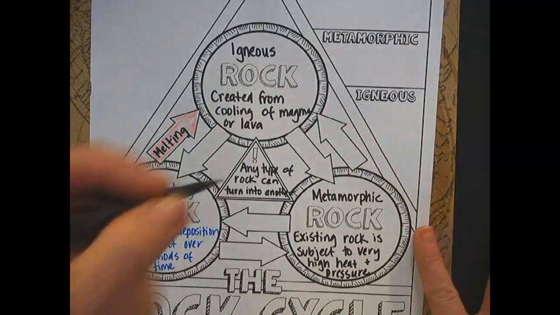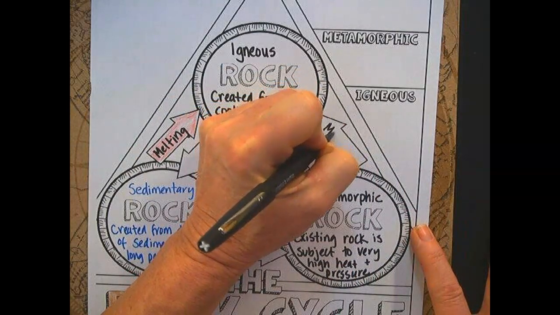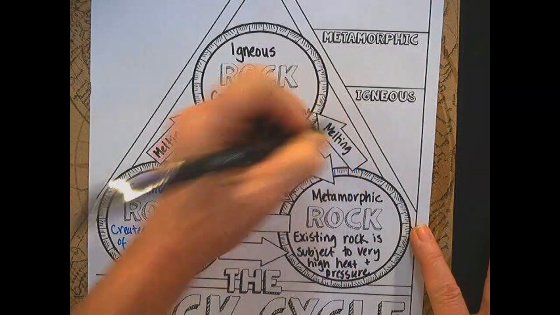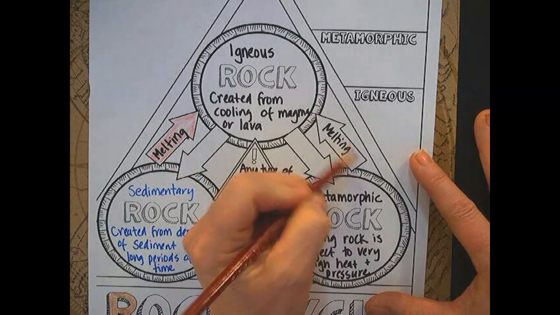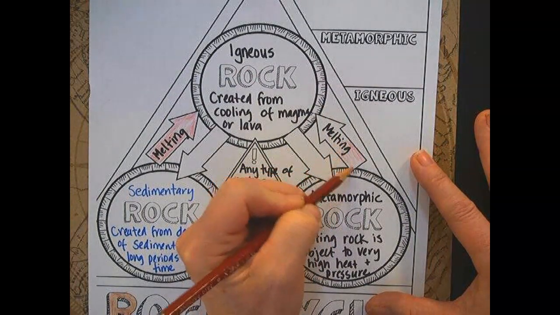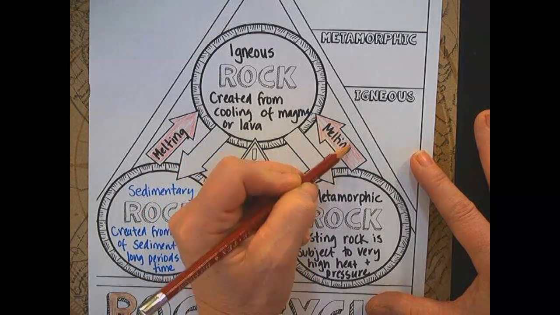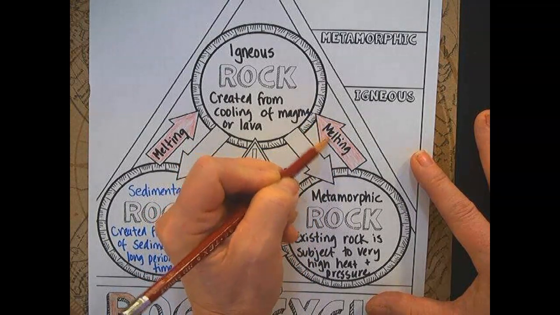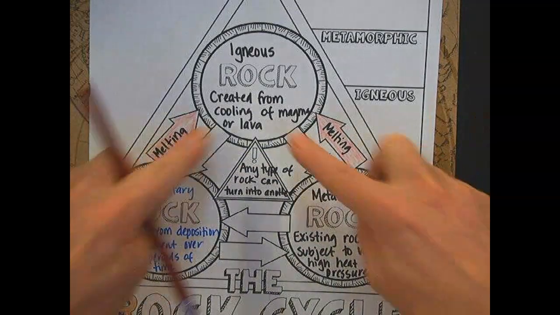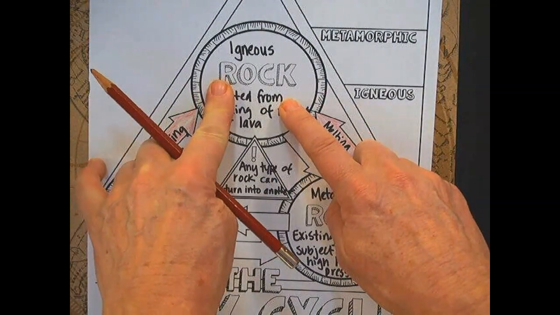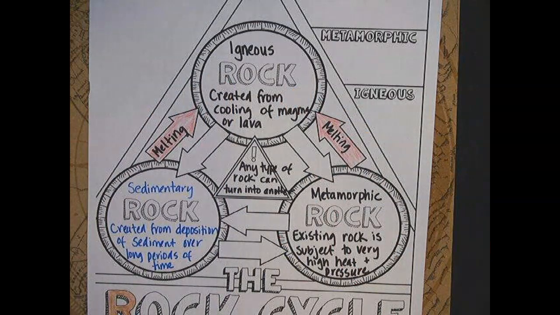So this arrow here, I'm also going to write melting on and color red, again to show that is hot, and that is how we form igneous rock. These rocks need to melt, and then the igneous rock will form as it cools.